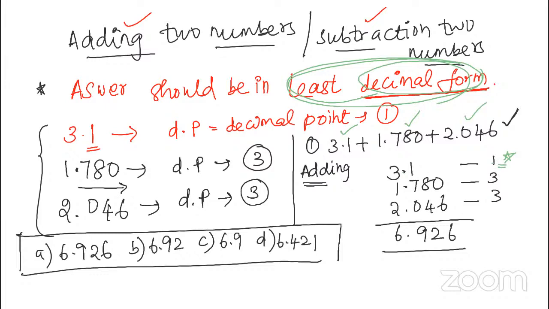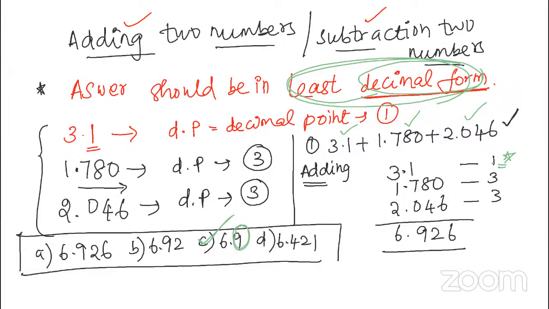So this is the least one. Okay. So from the answer itself, we can check it. Which one is having only 1 decimal point? We notice that answer. Here, option C is the only one having 1 decimal point.